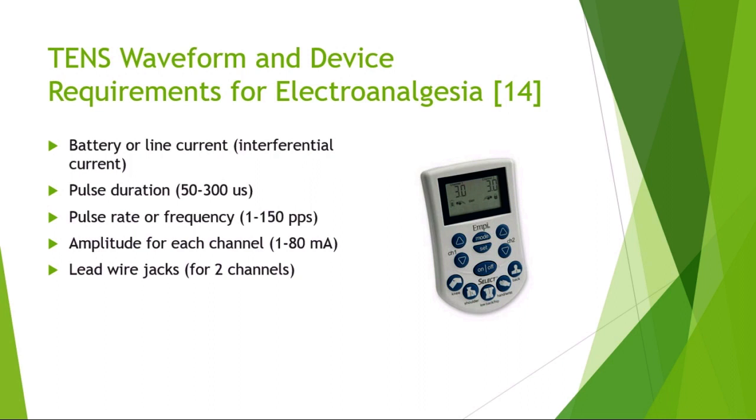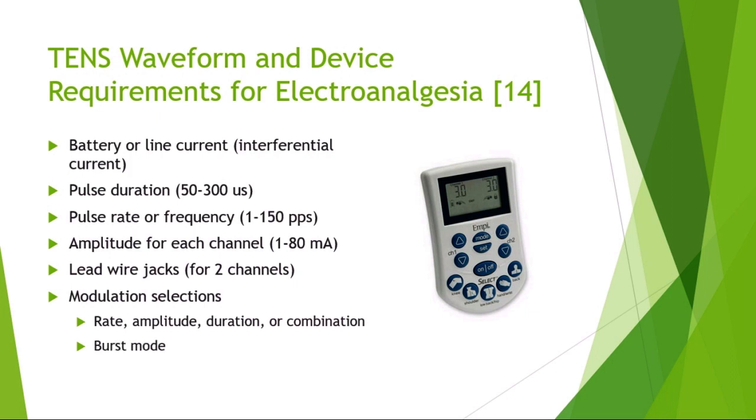Lead wire jacks usually are going to have 2 channels, 4 electrodes, quadrupolar setup. Not always, but usually. Modulation selection, so we can modulate rate, amplitude, duration, or a combination of those. Burst mode is where you're delivering those packets of higher current density to get the effect that you want.